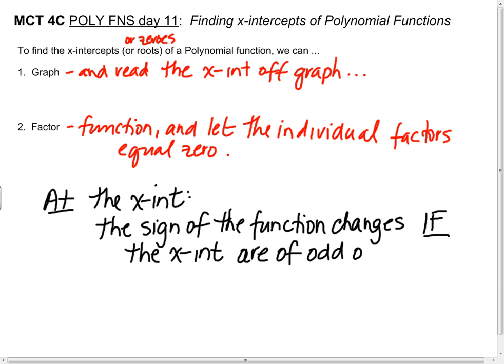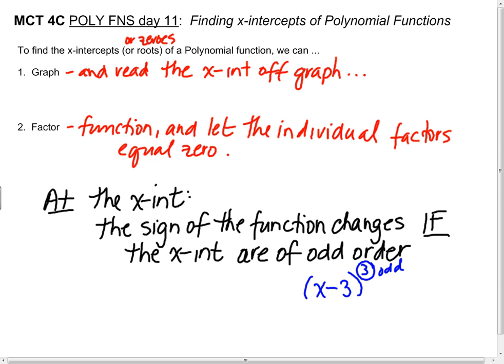So, for instance, don't write this down. I'm just going to tuck it in here and erase it in a second. If I have a function that has this in it, I have an x-intercept of 3, and it is of order 3, which is an odd order.